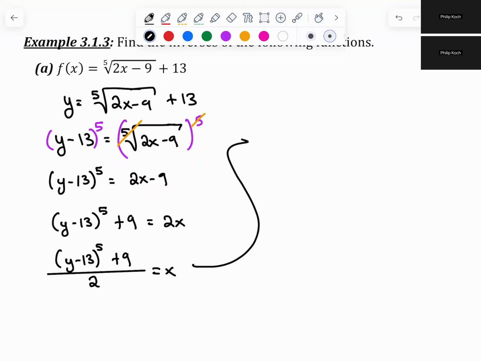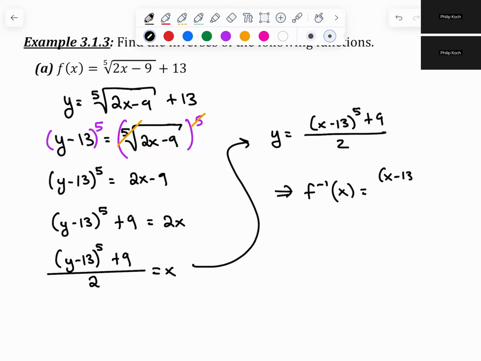And so we can do it in a quick way where we just interchange the y's and x's and change the y to an f inverse all at once, or you can do it in 2 steps. So now it's y equals x minus 13 to the 5th plus 9 over 2. And then finally, f inverse of x is equal to x minus 13 to the 5th plus 9 over 2.